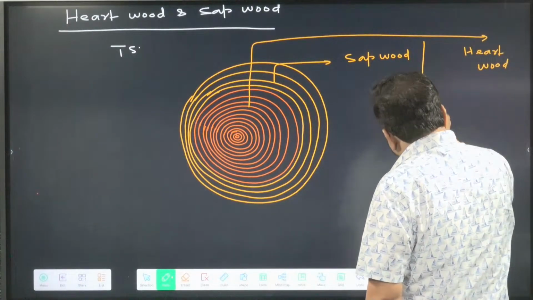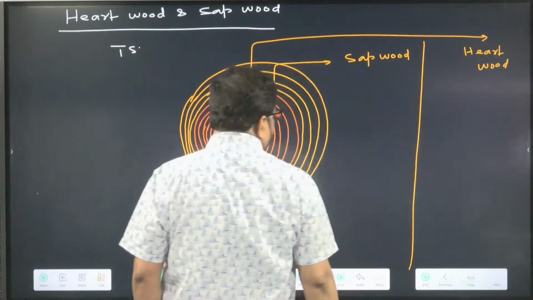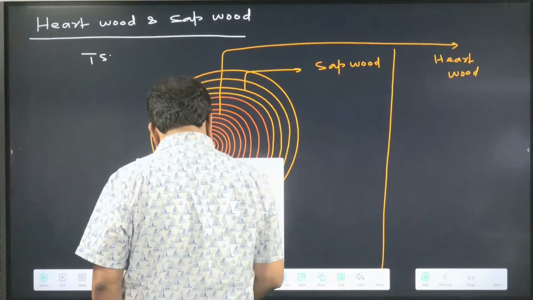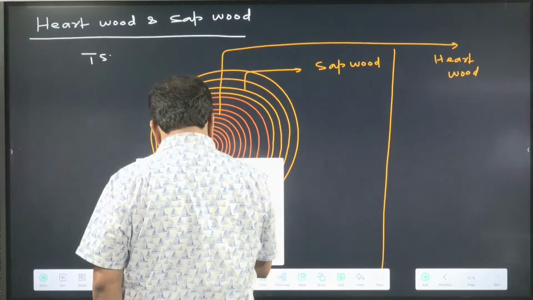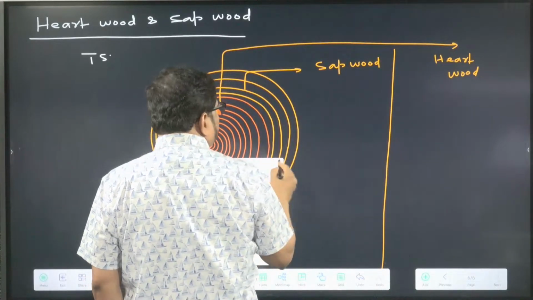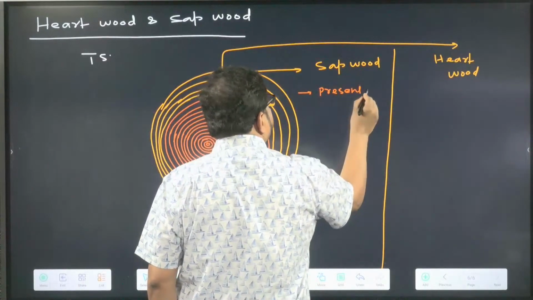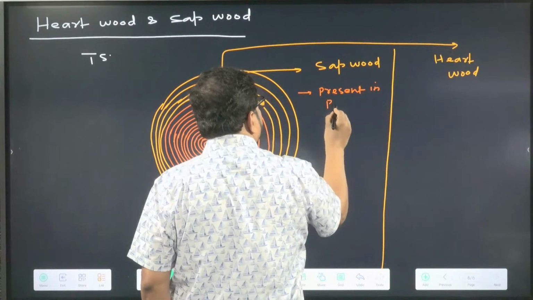So how do heartwood and sapwood differ? I am writing the differences between heartwood and sapwood, and you will get a better picture. Sapwood is present in the periphery. You look in the diagram also.